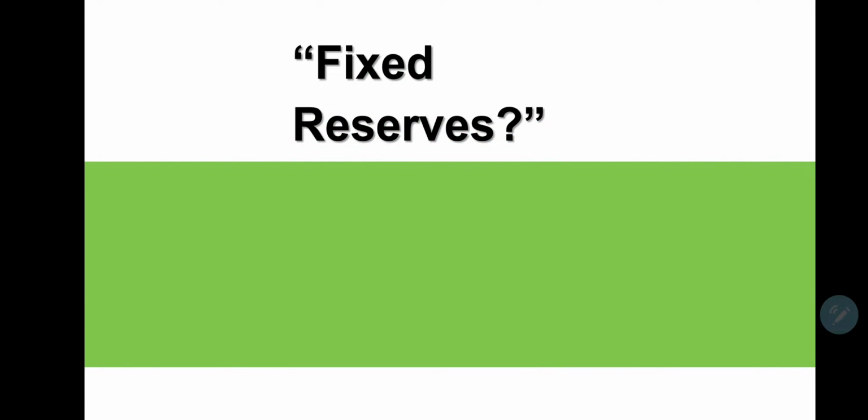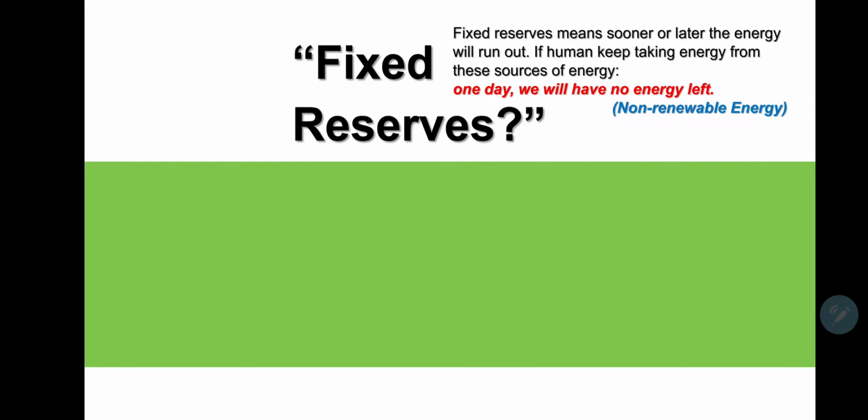So just now I mentioned fixed reserves. What is the meaning of this? Fixed reserves means sooner or later the energy will run out. So if you keep using gasoline, coal, oil, or natural gas, sooner or later we will run out of those energy sources if humans keep taking them.